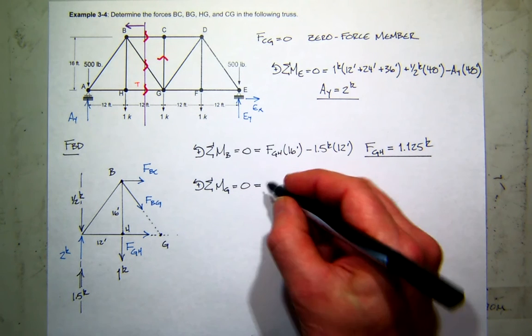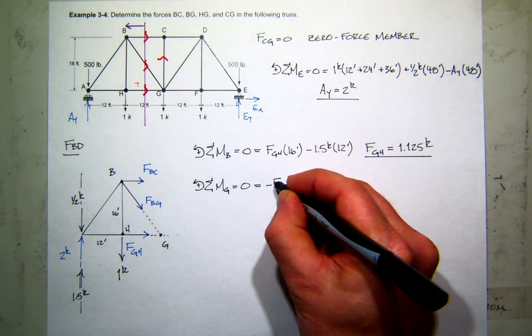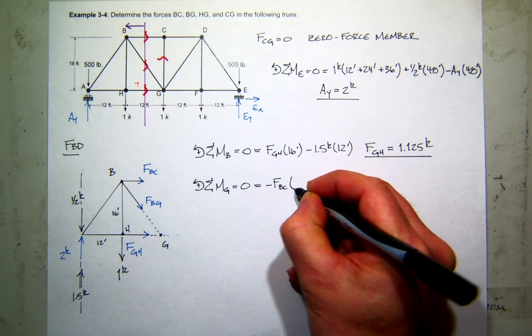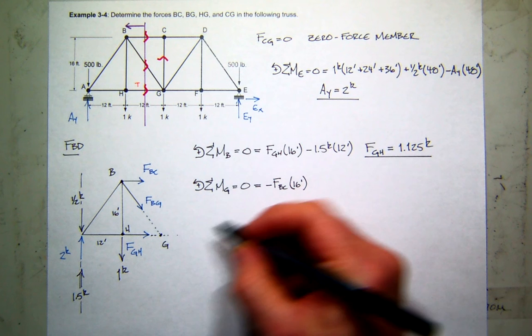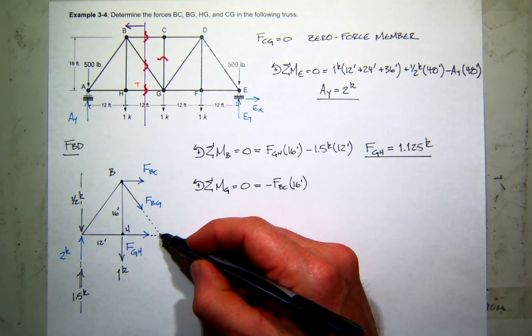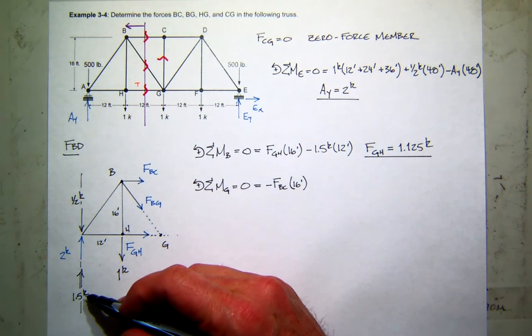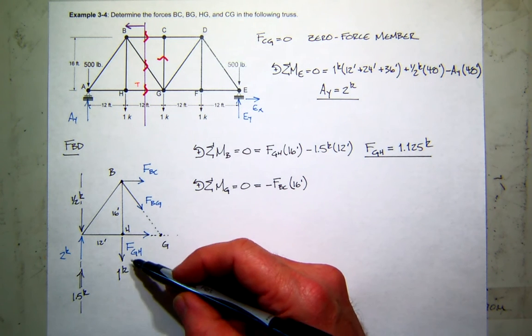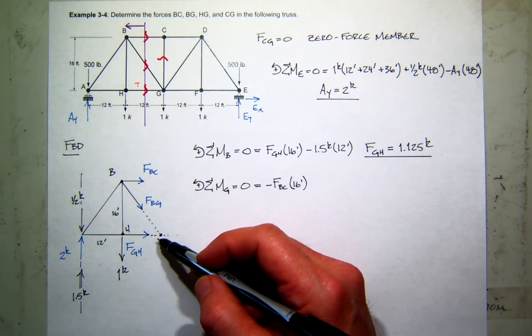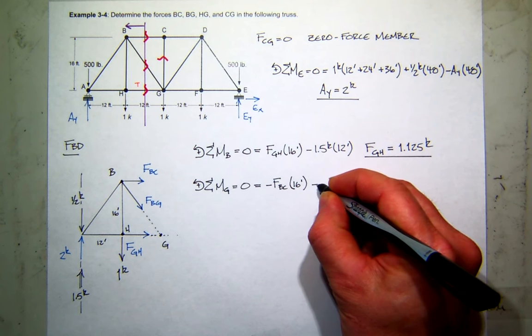And about G, that's going to create negative moment. Its moment arm will be the height, which is 16. And about G, what else do I have? I've got this force and this force. This is the equivalent one of the two. So I'll start here with this guy, H. About G, that's positive moment.